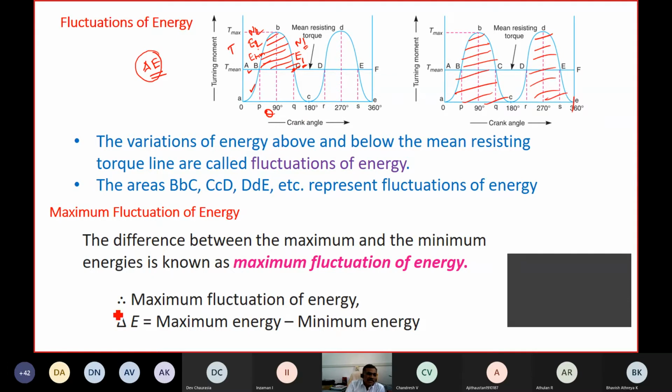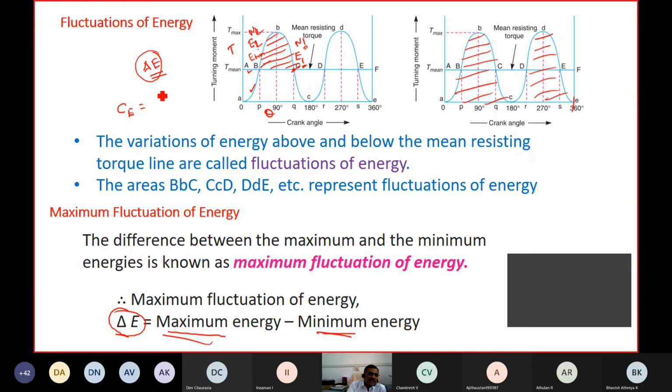So now, what is delta E? Delta E is equal to maximum energy minus minimum energy. This is one important term, delta E. That is the fluctuation in the energy. Another term is CE, the coefficient of fluctuation in energy.